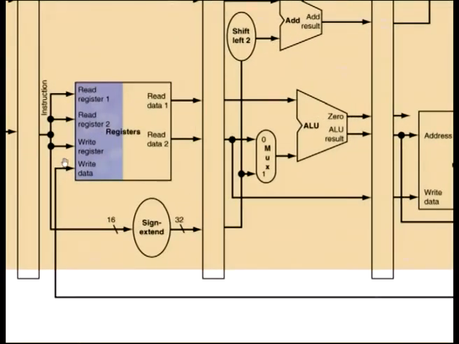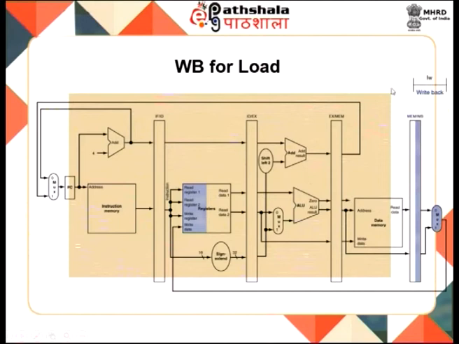But recollect that when you are writing into the register file, which register to be written into is taken from this data. So, you can't take it from here because this unit is doing some other operation. This stage is executing part of some other instruction. So, that also has to come from the buffer here.